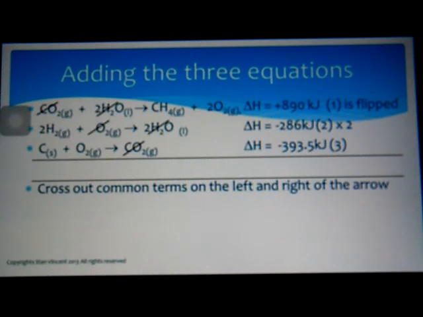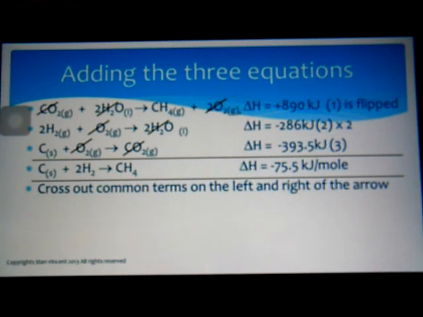On the reactant side, now I have 2 moles of oxygen. First mole of oxygen is coming from the combustion of hydrogen, and the second mole of oxygen is coming from the combustion of carbon dioxide. So we have 2 moles of oxygen on the left side on the reactant side. And we also have 2 moles of oxygen on the product side, so it's totally cancelled out. What remains is carbon plus hydrogen giving you methane. That is the target equation that we were looking for.